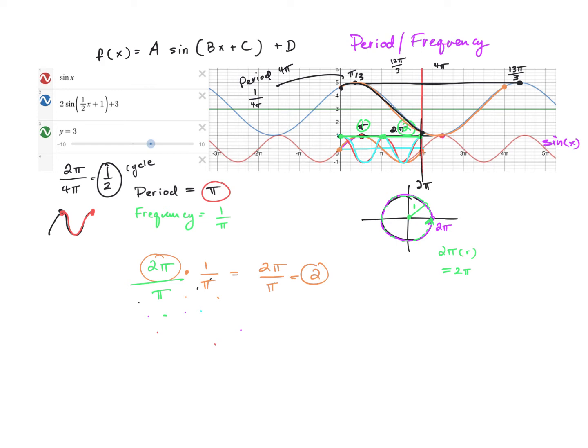Now when you're solving for your b in your function, b represents the period or frequency of your graph. What is the multiple? How many times is it happening? So in the case of this graph here, let's call this graph A, our actual frequency is about 1/2.